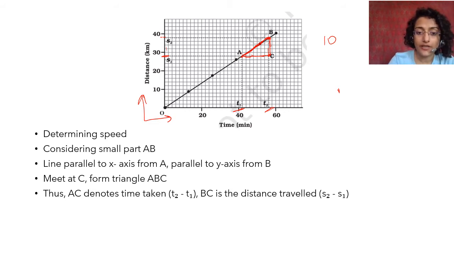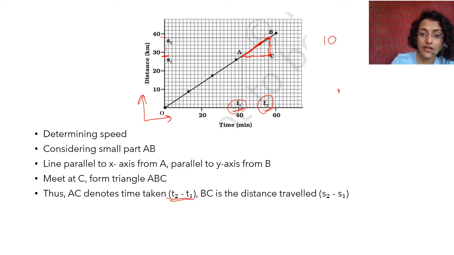So then we say that the time taken for this point, when it is at 28 kilometers, is the time T1, and at 38 kilometers there is a time T2. So this is the time taken to cover this much distance, and BC is the distance traveled.